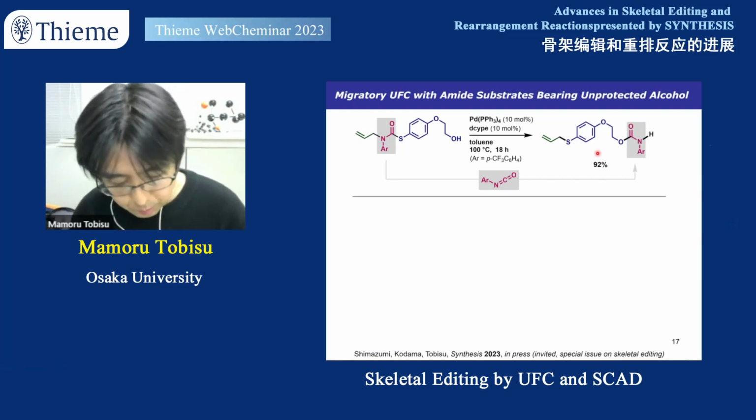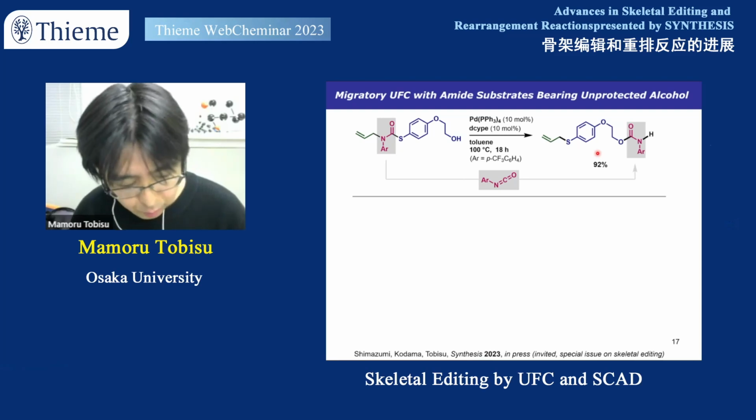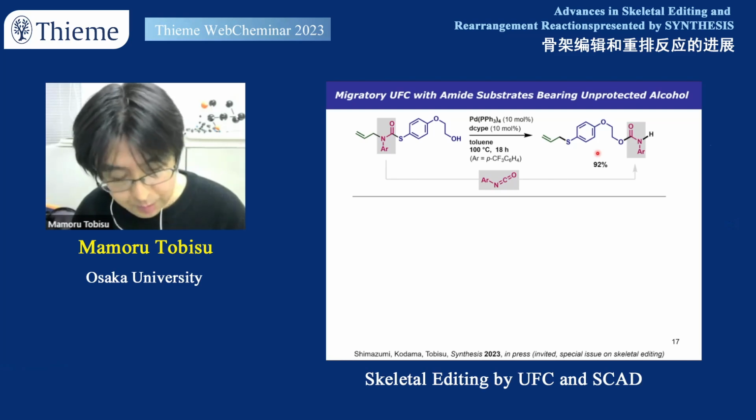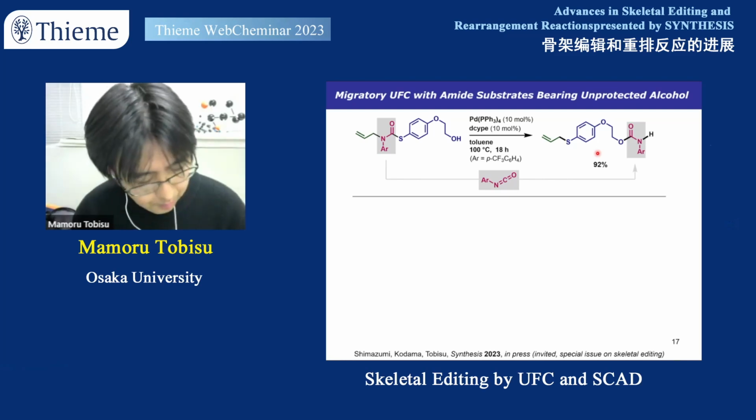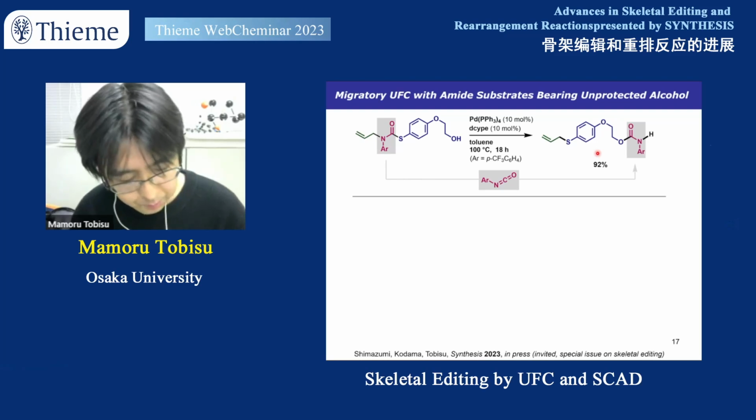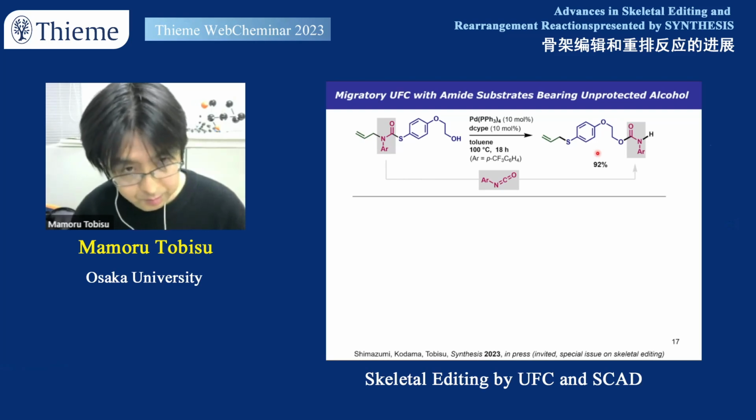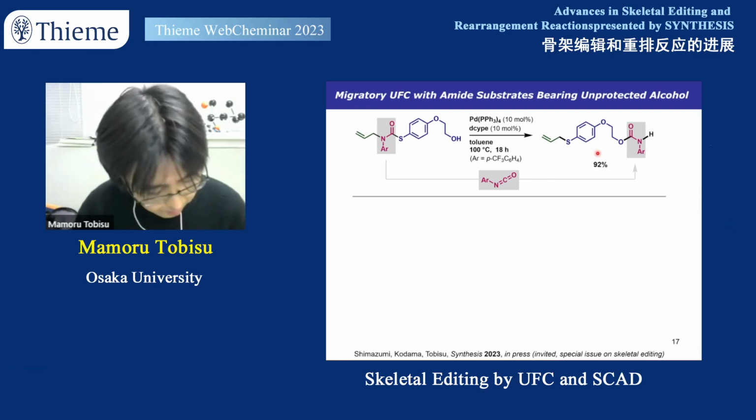And this is a unique representation of skeletal editing in which a part of the molecule was cut from one place and pasted onto another place. And this cut-and-paste type UFC can be applied to a series of substrates.